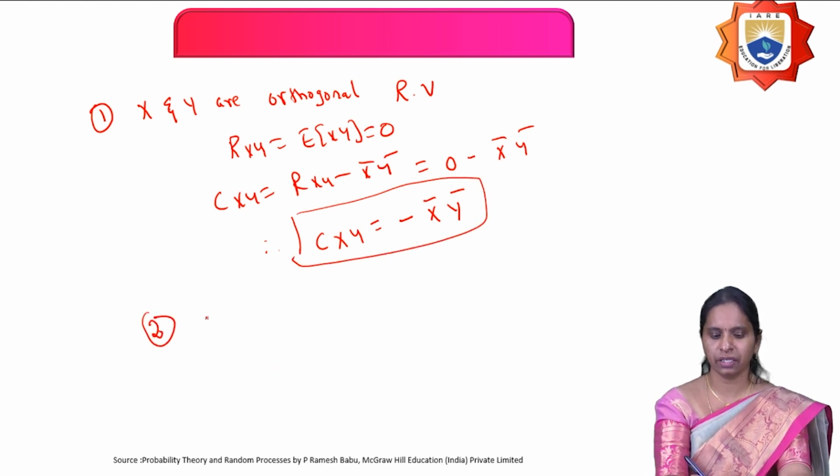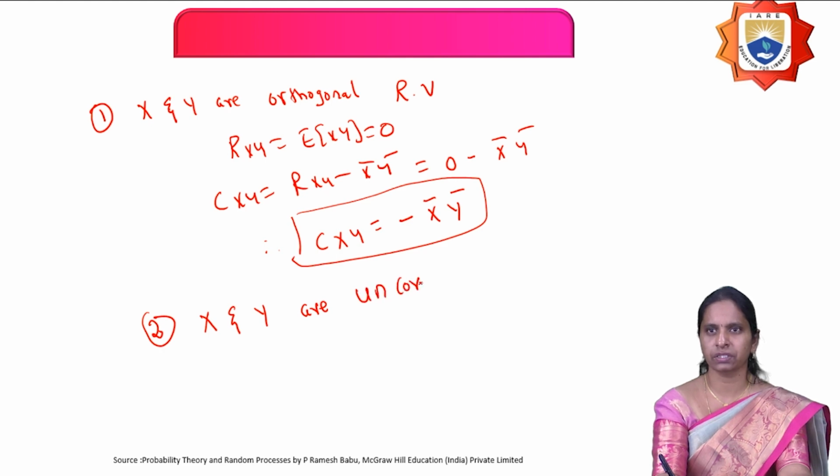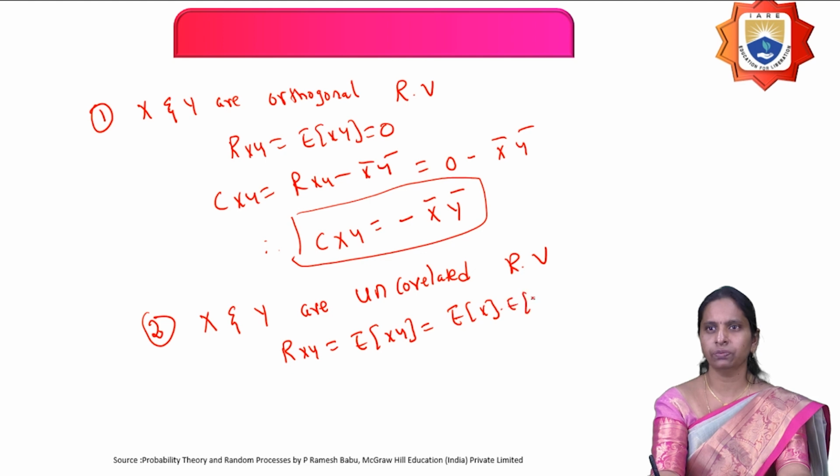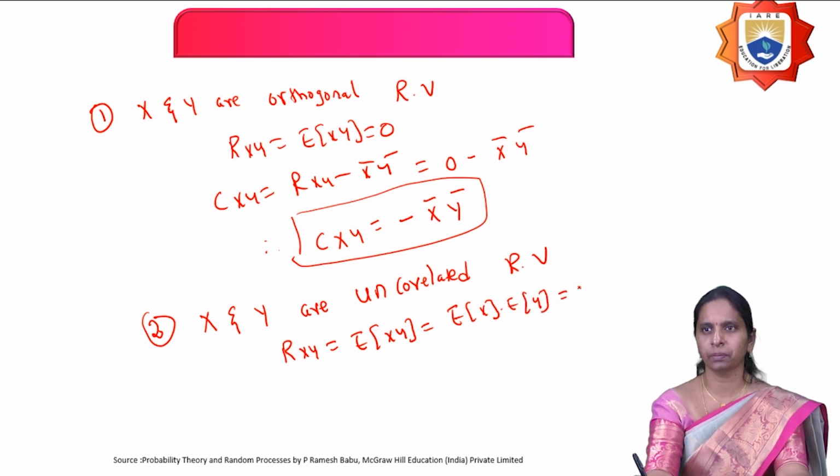And what is the second case? If x and y are uncorrelated random variables, what is the correlation? Previously I have seen Rxy is equal to E of x into E of y. What is E of x? That is nothing but x bar. And E of y is y bar.